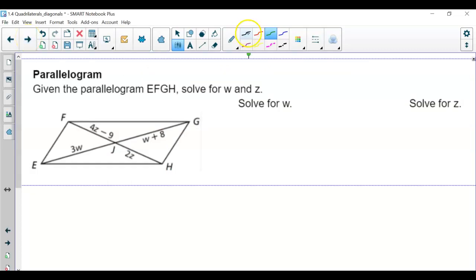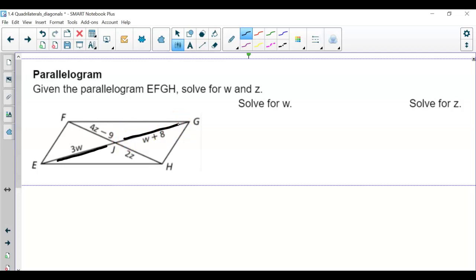For example, in our parallelogram, we're just going to solve for W and Z. Remember, the parallelogram is the basic one. It doesn't have truly any of those special characteristics except for how they bisect each other. If I want to solve for W, this piece here, EJ, is 3W, and this section of that same diagonal, JG, is W plus 8.